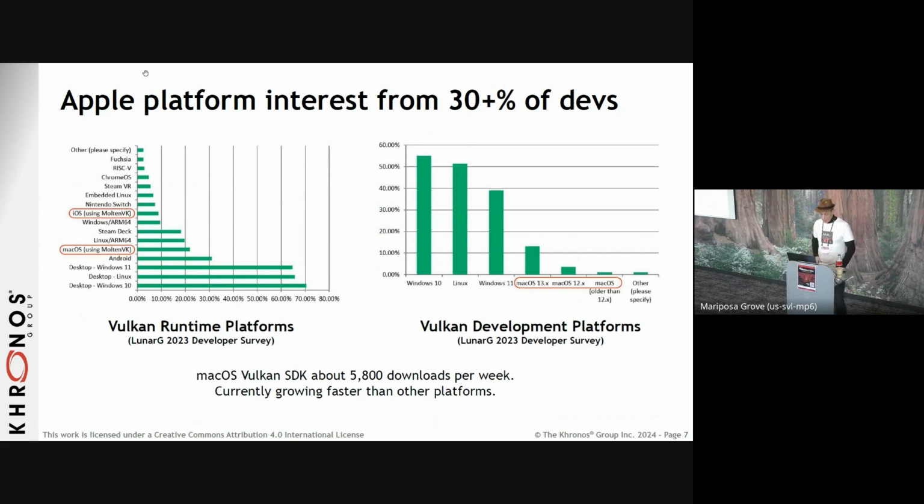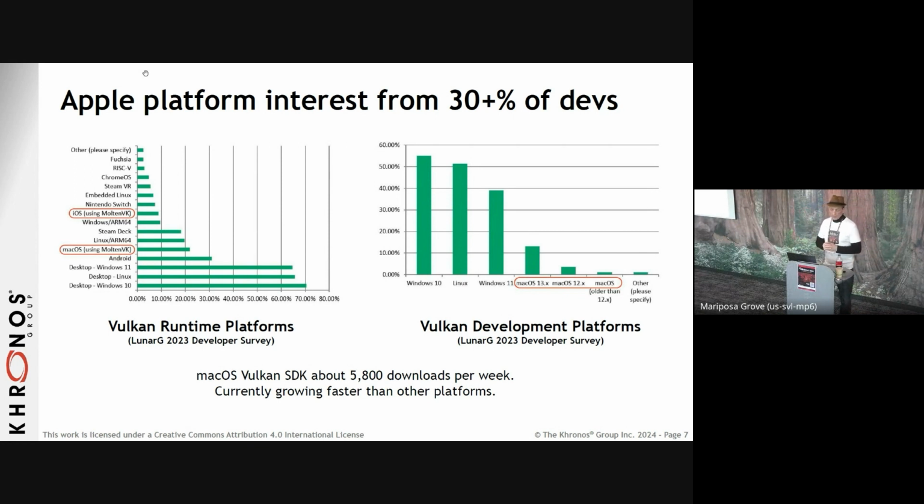The note at the bottom there is about the macOS Vulkan SDK. If you go to the LunarG site to download the SDK, you get a few options, one for each of the three major platforms. We're currently seeing about 6,000 downloads a week of the macOS SDK. That macOS SDK, as Richard explains, will cover both macOS and iOS, and the download rate is currently growing faster than the other platforms.